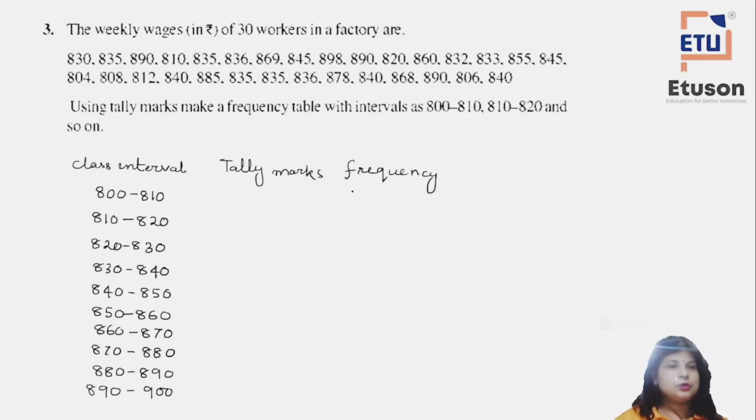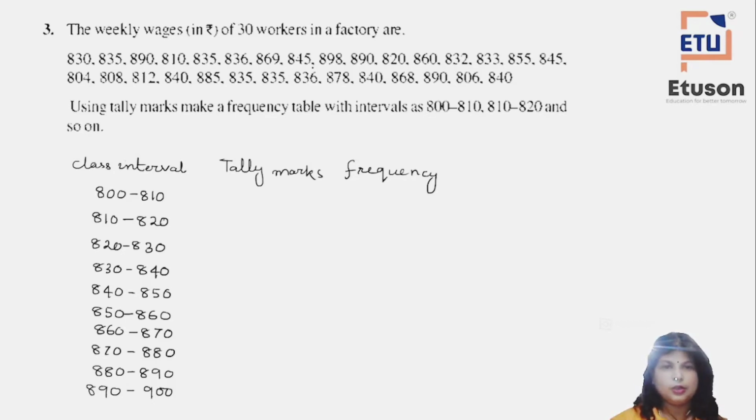Let us first find out how many workers are getting wages between 800 and 810. Here comes our 810, but this cannot be considered for the first interval, because 810 will be considered when it is the lower limit.